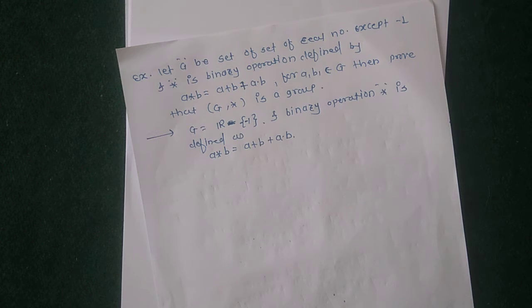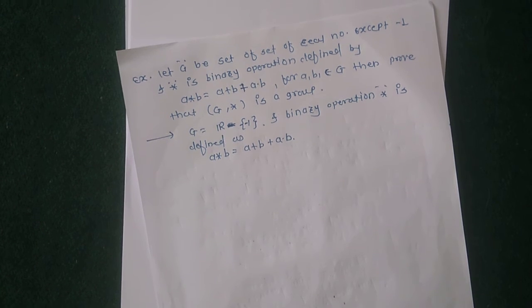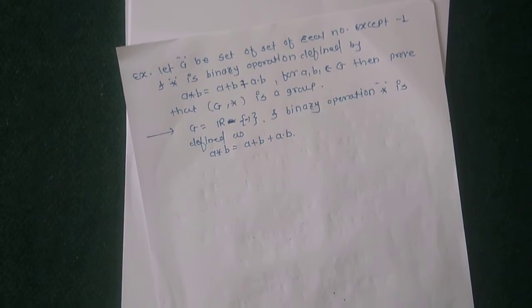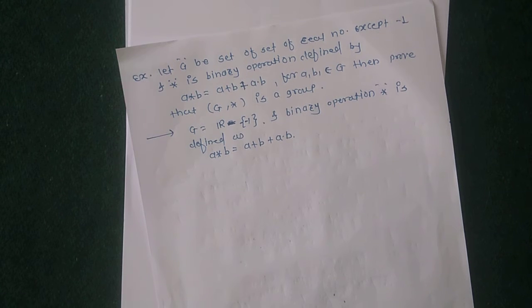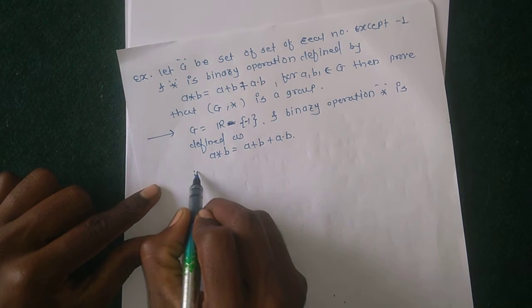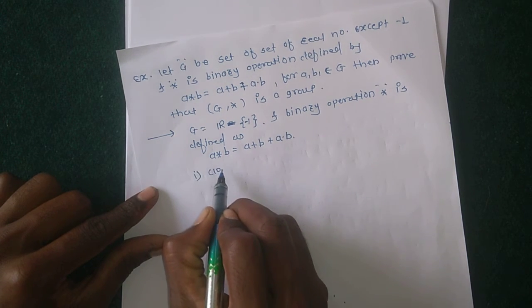Okay, to show the given set G is a group, how to show it? There are 4 properties. First one is closure property, then associative property, existence of identity element, and existence of inverse element. Okay, first property, closure.